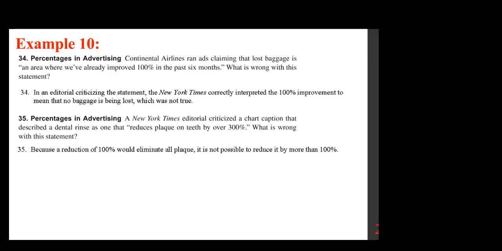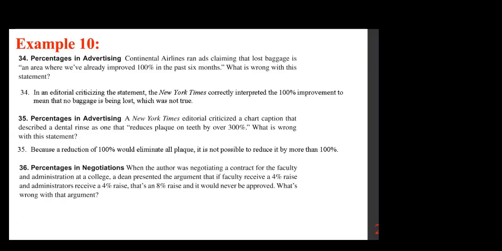Instead, they want to say we lost 1% in the past and now we lose 0.5%. So it has improved by 0.5%, okay? Percentage point. Percentage point. Now, in this example, of course, 300%, that's impossible because that's 3 times. So you can't have something more than 100%.